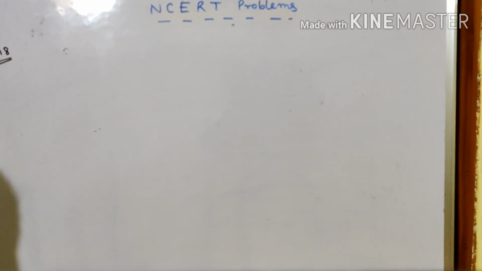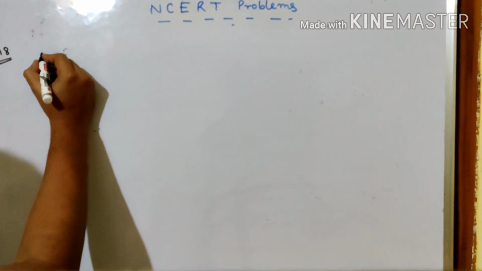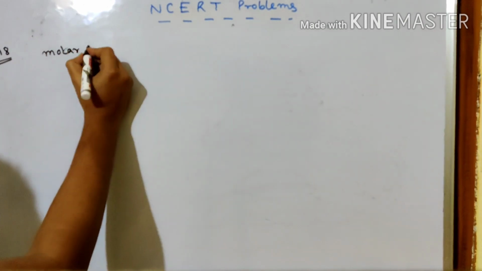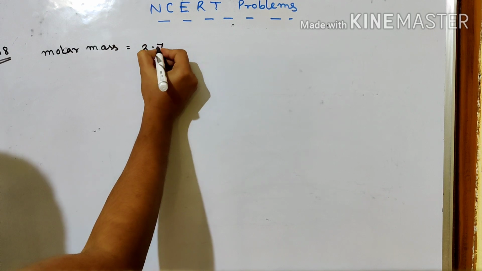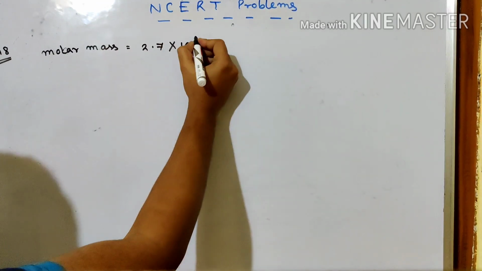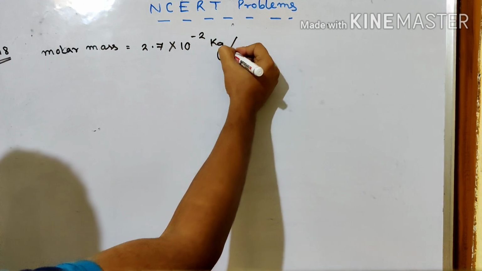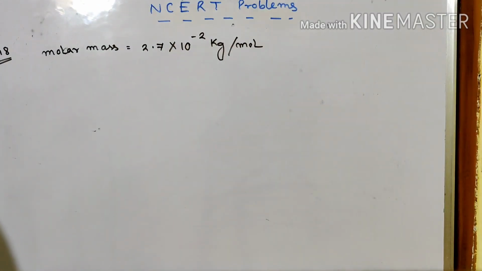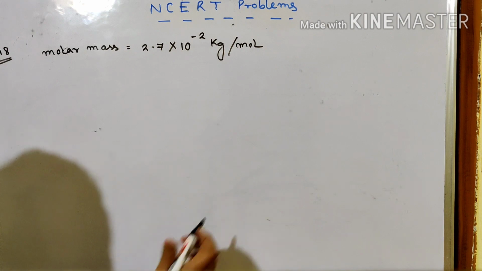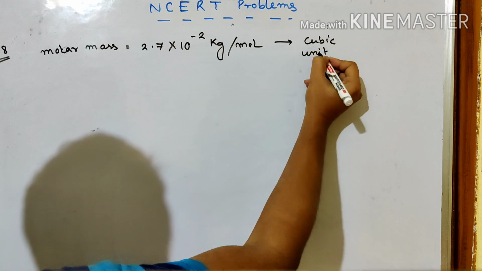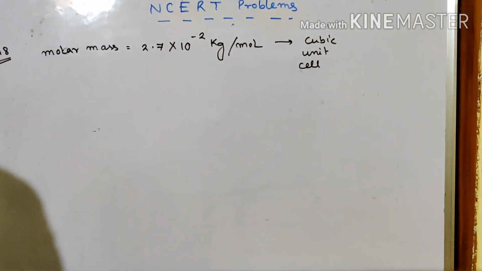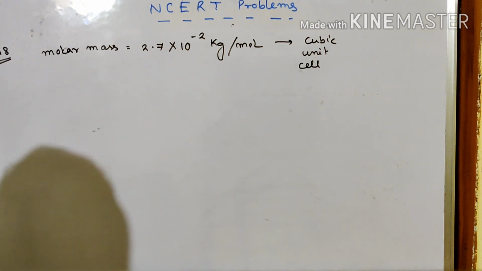The question goes like this: an element with molar mass, I am writing the molar mass, 2.7 into 10 to the power minus 2 kg per mole, forms a cubic unit cell with edge length 405 picometer.